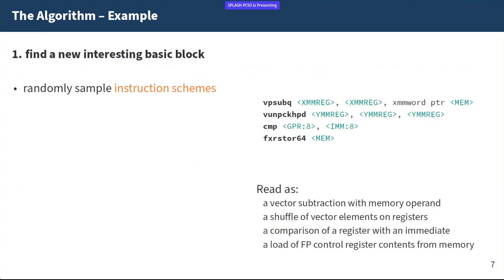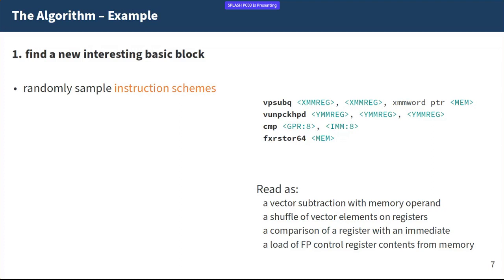The first 2 are vector instructions. The first one of those has a memory operand, as can be seen from the XMM word pointer in the representation. The third instruction is a compare instruction, pretty simple. And the last one is an fx restore instruction operating on 64 bits, which just loads some data from memory into some floating point control register.